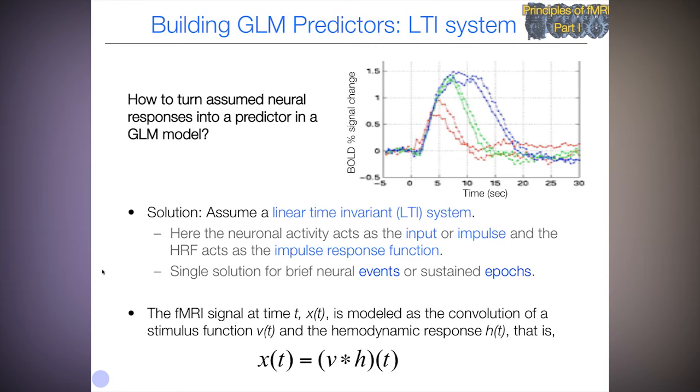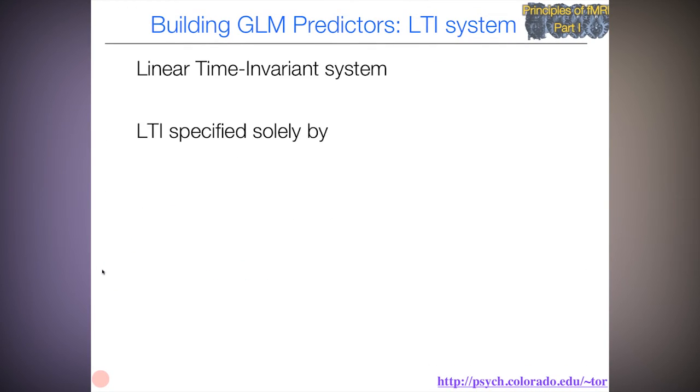And to do this, we're going to take the fMRI signal, in this case x of t, time, and model that as the convolution of a stimulus function, which here is v of t, the assumed neural activity function, and the hemodynamic response, which is h of t. And this looks like this.